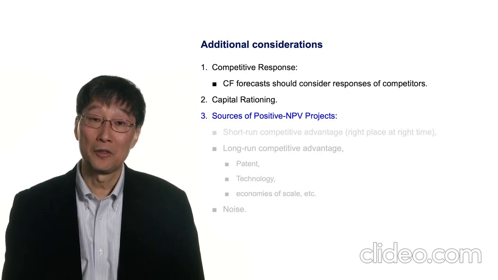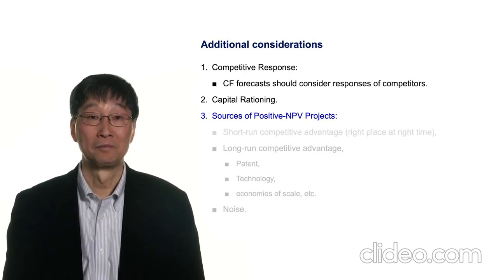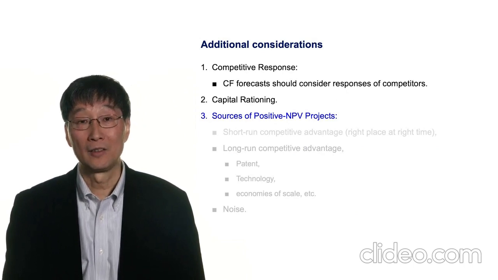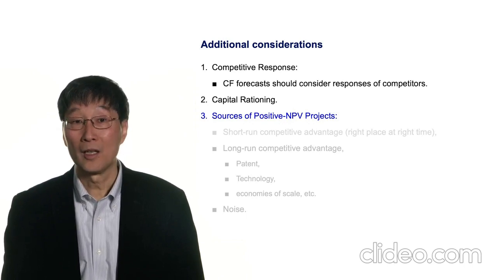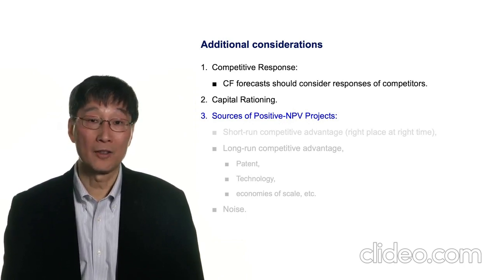The last point we want to make is a more general one. Our analysis focuses on the computation of a project's NPV given its cash flow forecasts and the discount rates. We did not talk about where these projects come from.